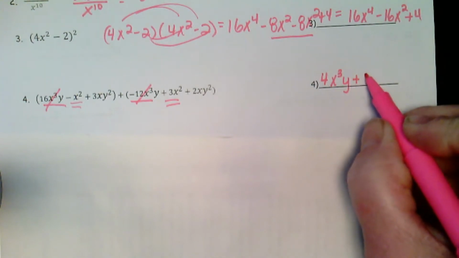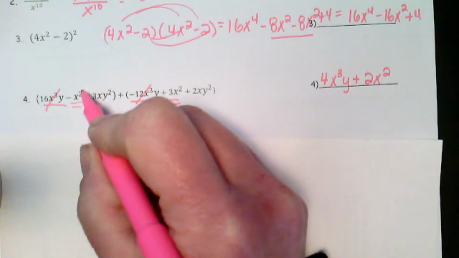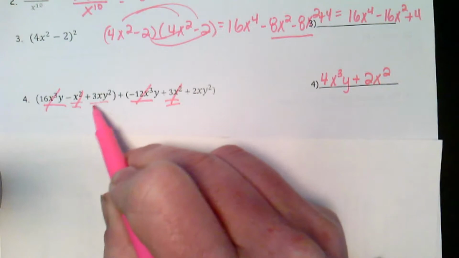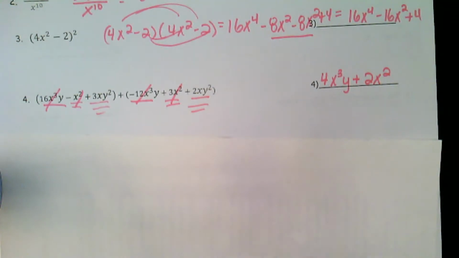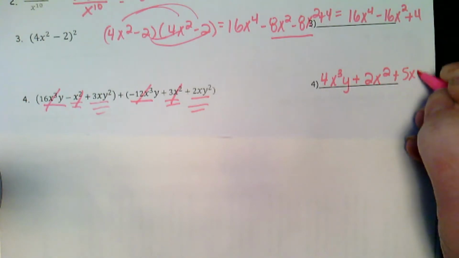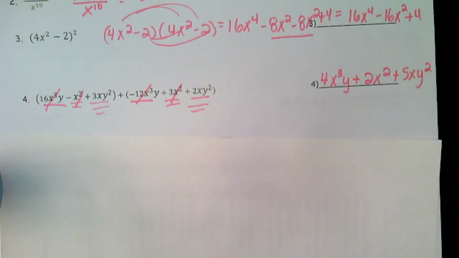That's a positive 2x squared. And then this matches this, so we have 3 and 2, which is 5. Don't add your exponents together when you're adding or subtracting. The only time the exponents change is when you're multiplying or dividing.